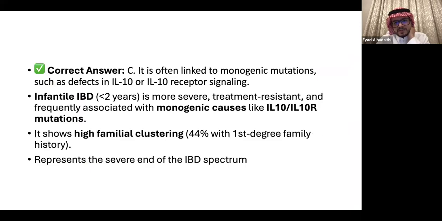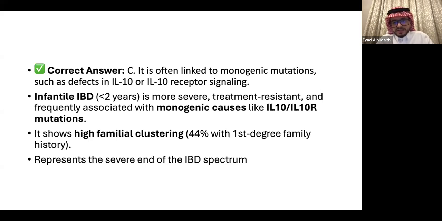So it's often linked to monogenic mutation like interleukin 10 or interleukin 10 receptor signaling. Infantile IBD, less than 2 years, is more severe and treatment resistant, and we know for a fact that those with early onset IBD are very tricky and very refractory and have different pharmacokinetics in terms of using the biologics, and now they are studying if they might require more intensified doses.